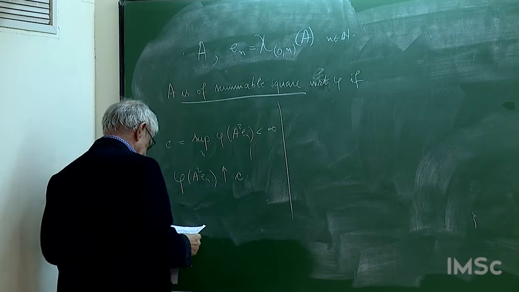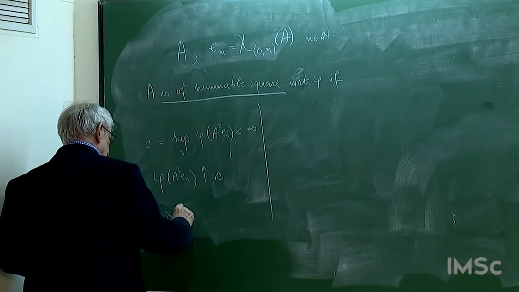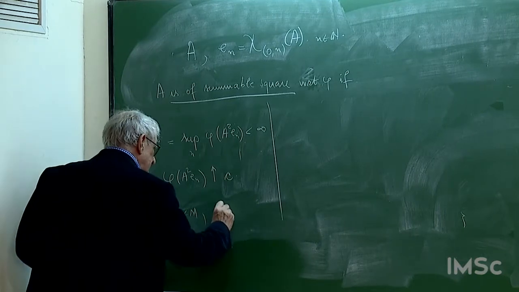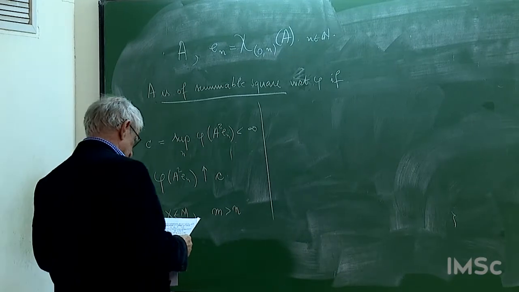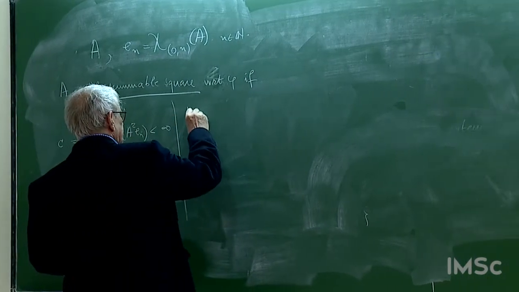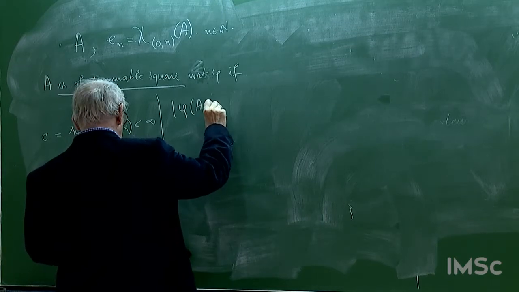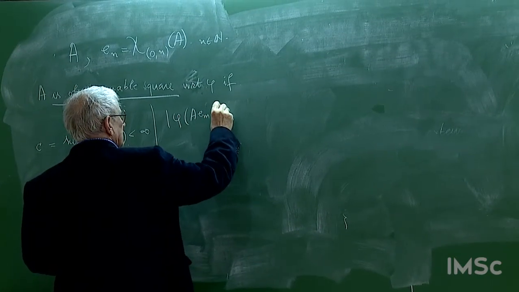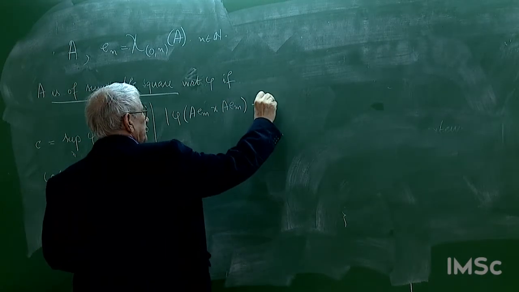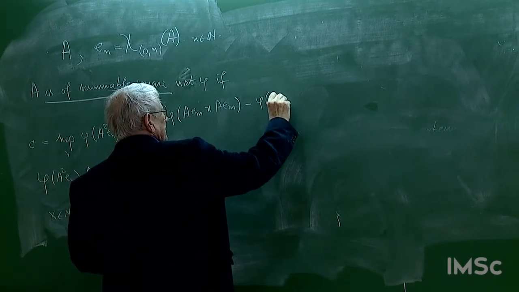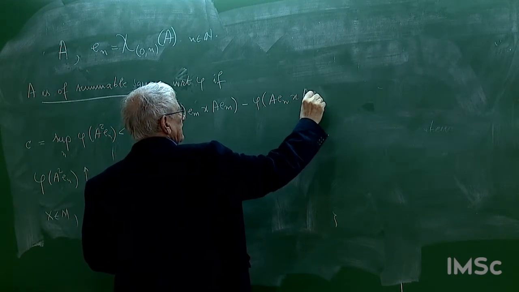Good. Now, I take an x in M, and m bigger than n, natural numbers. And I look at phi of E_m A x A E_m minus phi of E_n A x A E_n.